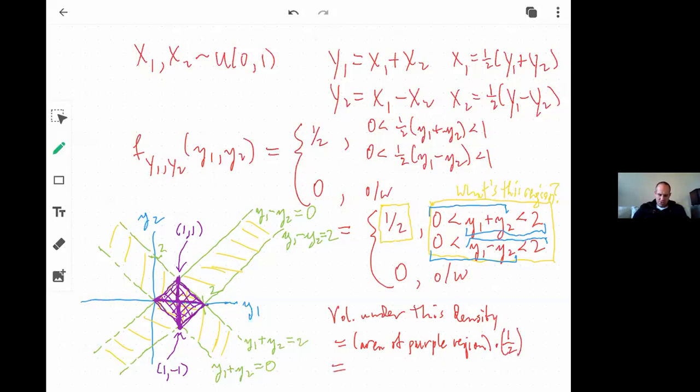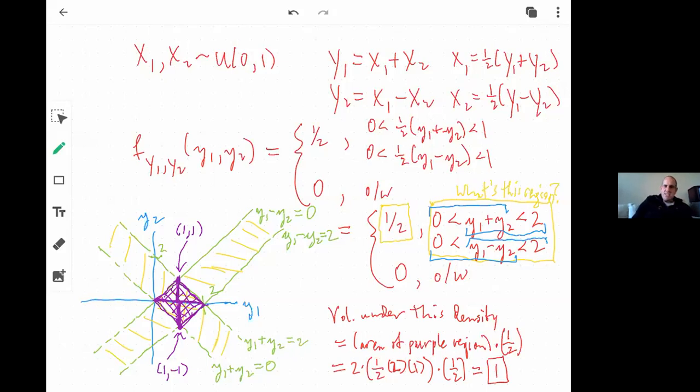It's two triangles, so it's going to be 2 times, and they both have the same area, 1/2 base length, which is 2, times the height, which is 1. And then of course I have this remnant factor of 1/2 right here, and lo and behold, the 2's cancel and you end up with 1, which is exactly what you would expect.